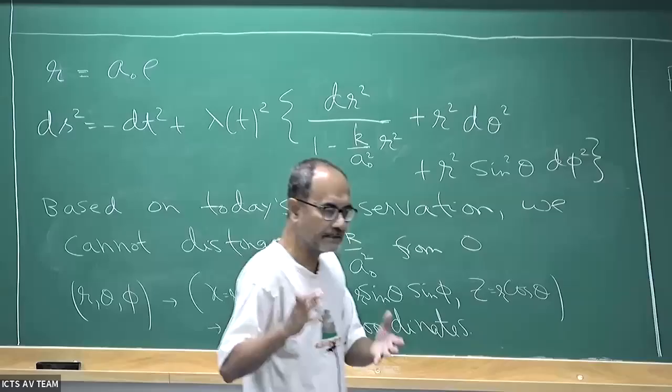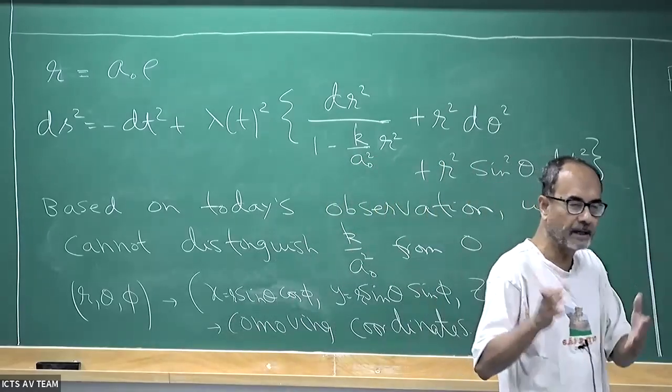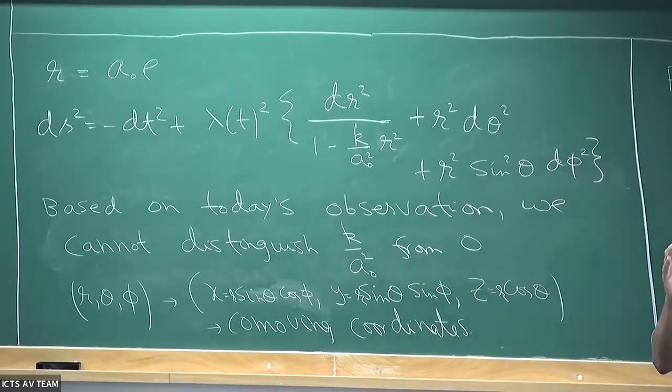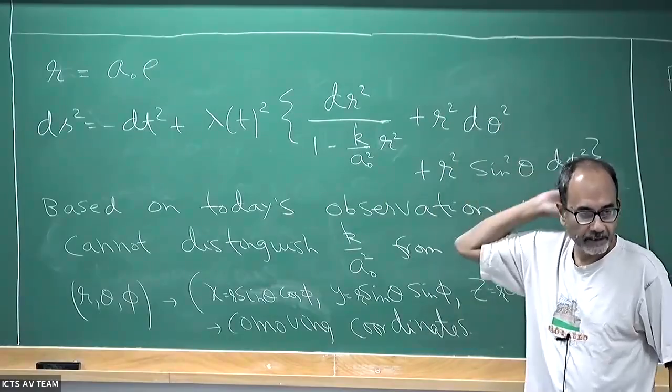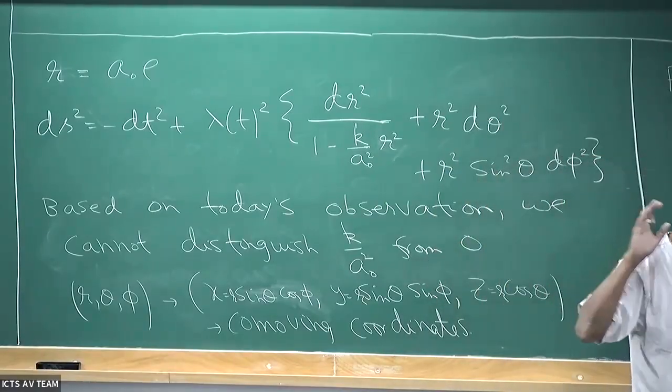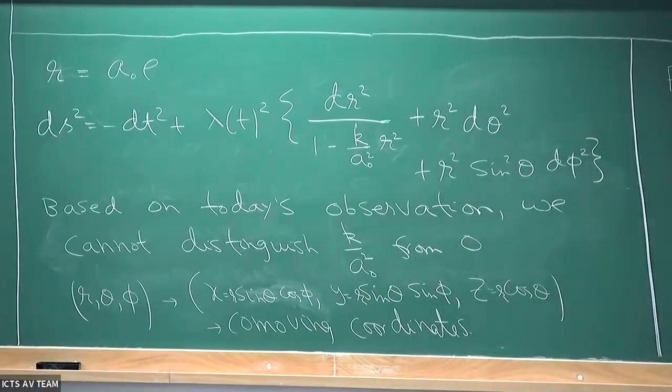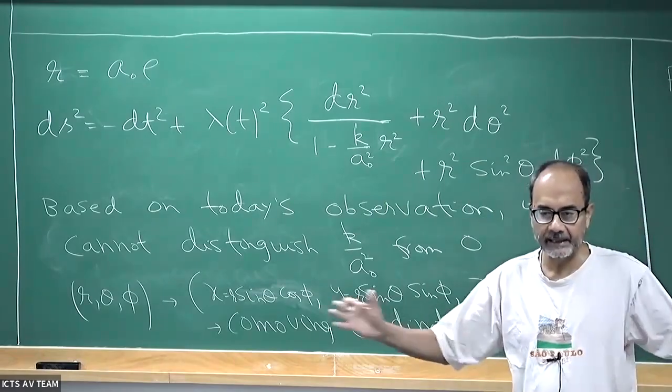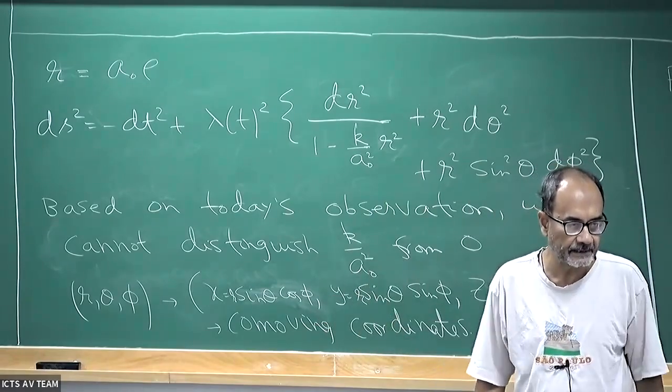For a particular star, x, y, z is not time independent, but the time derivatives are small. Small compared to the speed of light, because I've said c equal to 1. So whenever I say that dx dt is small, that means it's small compared to the speed of light. So co-moving coordinates are the coordinates in which, on the average, bodies are at rest.